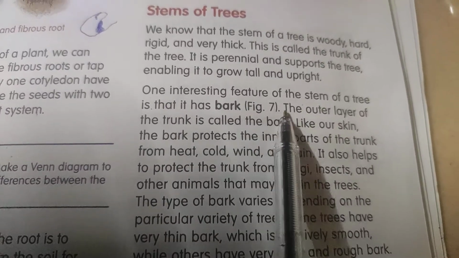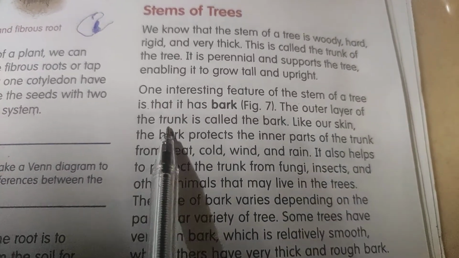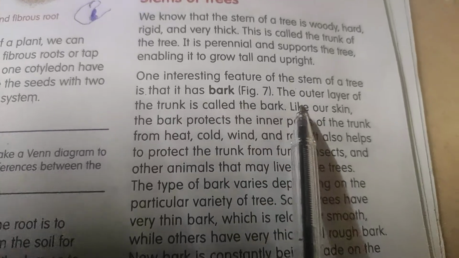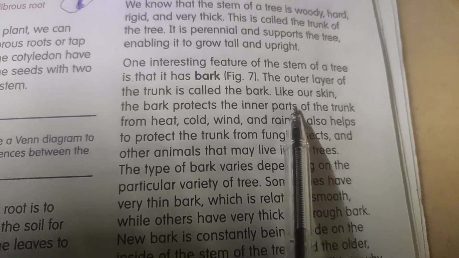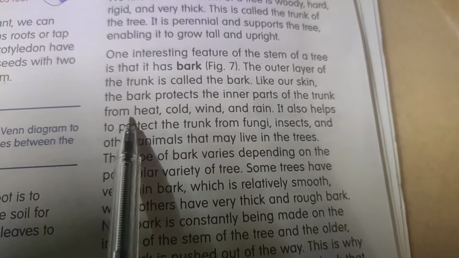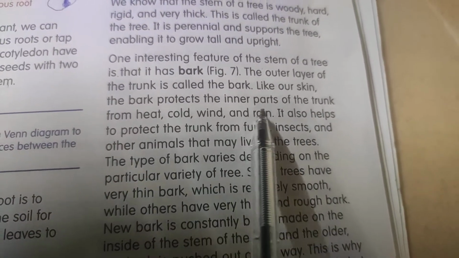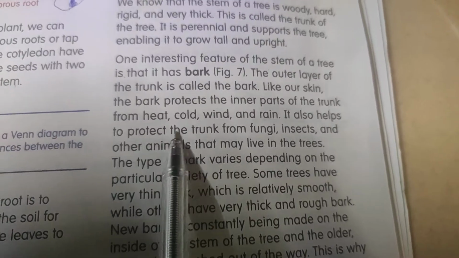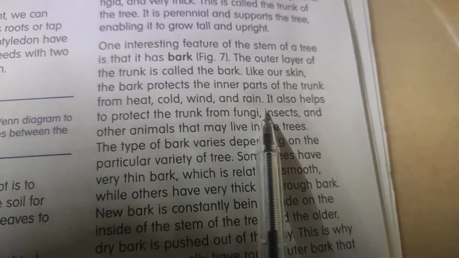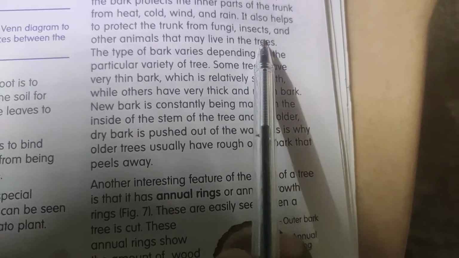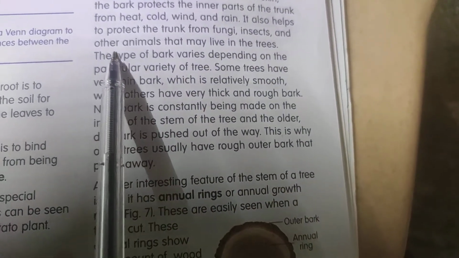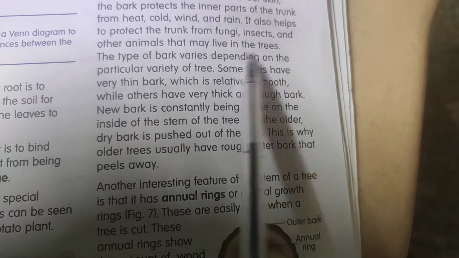One interesting feature of the stem of a tree is that it has bark. The outer layer of the trunk is called the bark. Like our skin, the bark protects the inner part of the trunk from heat, cold, wind and rain. It also helps to protect the trunk from fungi, insects and other animals that may live in the trees.